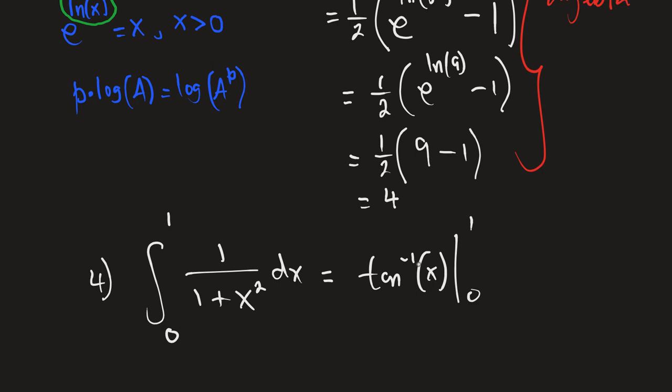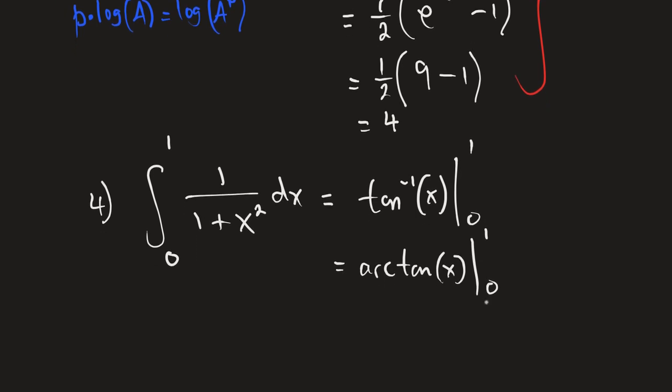I've explained previously why I am not a big fan of this notation. I do prefer something like this, because too often you see this -1 and you think, oh, -1 power means a reciprocal. It's not a reciprocal, not for this particular type of inverse trig function, right? So if we're using this, then this is arctangent of 1 minus arctangent of 0.